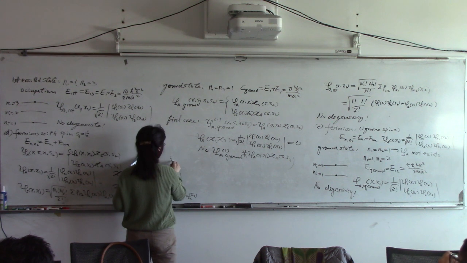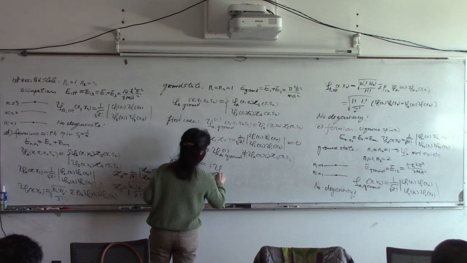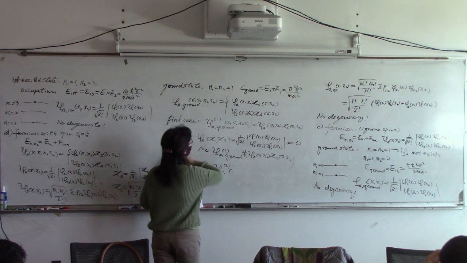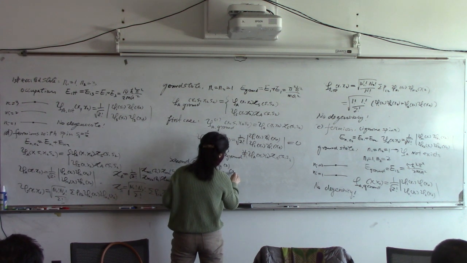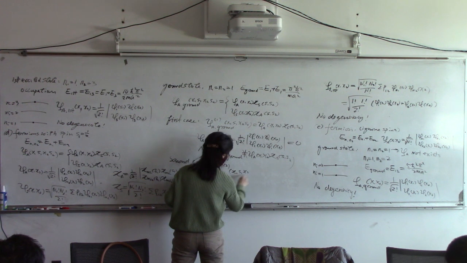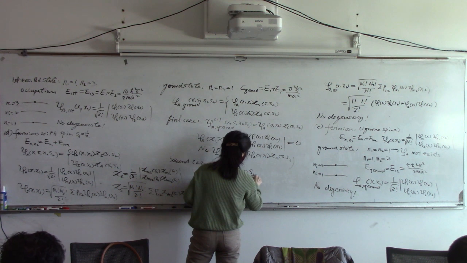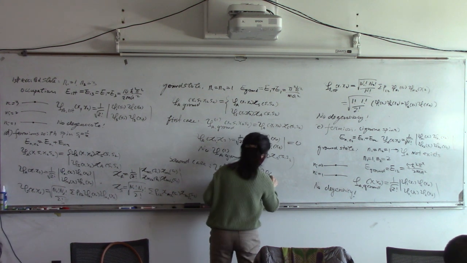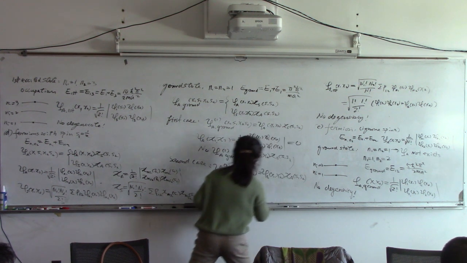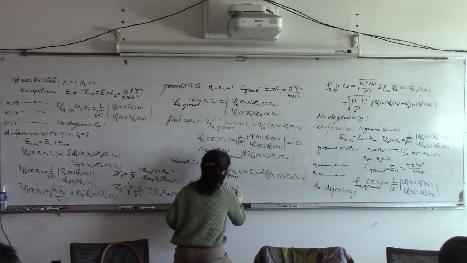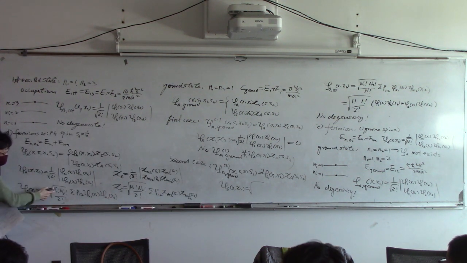So now the second case. This one I construct by symmetric in spatial and antisymmetric in spin, right? Psi S(x1, x2) is symmetric in the spatial part and antisymmetric in spin. Let's first get this one. Here n1 is 2, right?